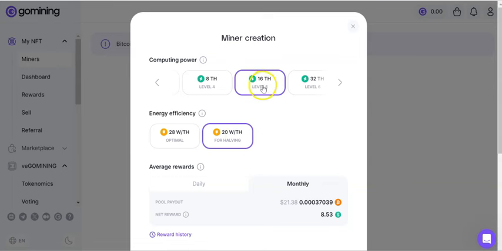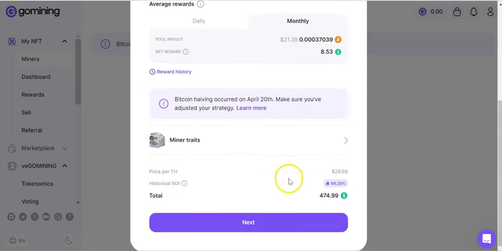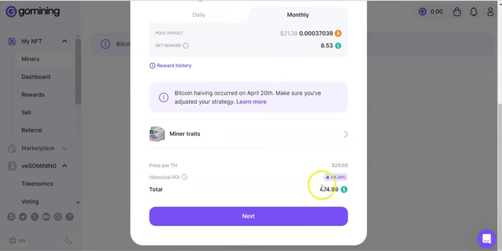So if you buy 16 terahash power with 20 W per TH right here, on a daily basis it is going to earn like 28 cents. On a monthly basis, it is going to earn like $8.53. Then if you scroll down here, we are going to be paying like 474.2 for this, and you continue to mine just like that, getting something on a monthly basis.